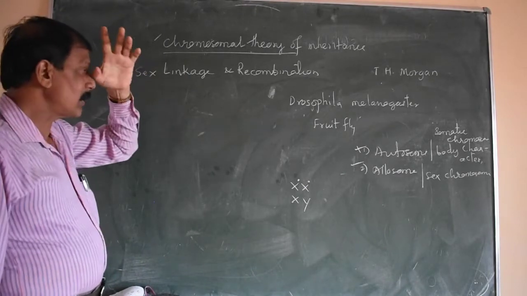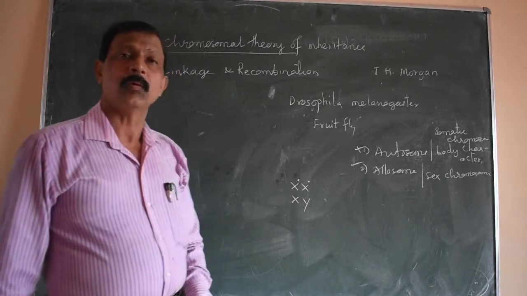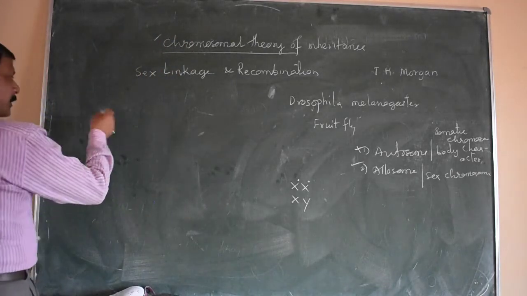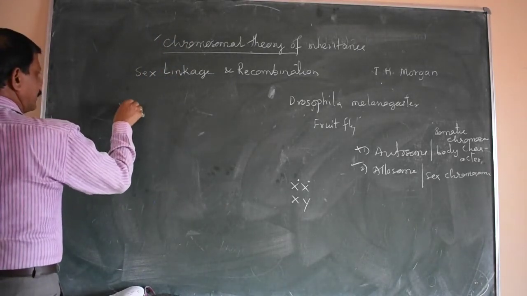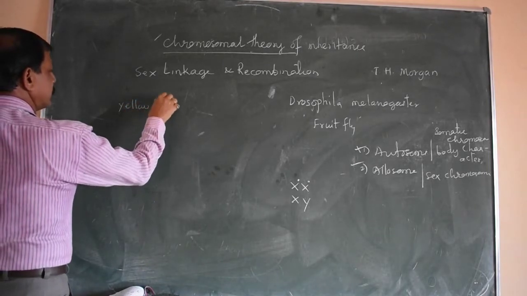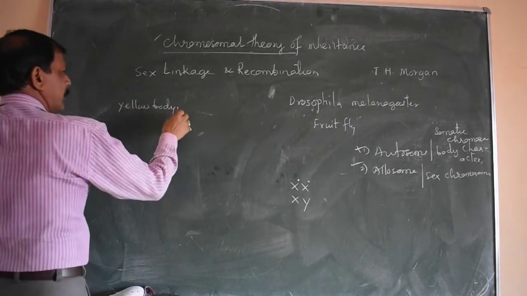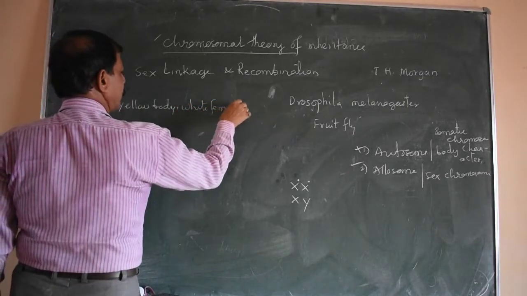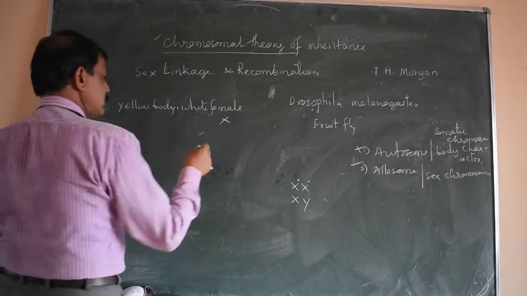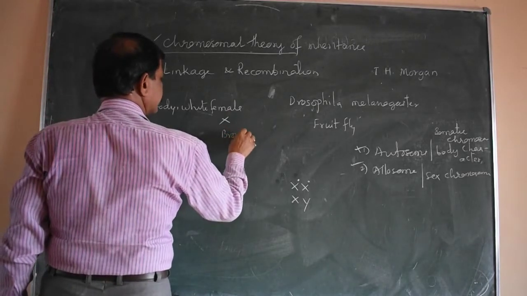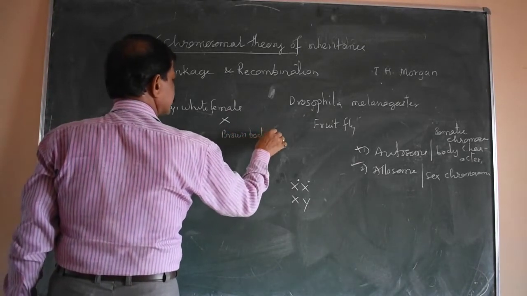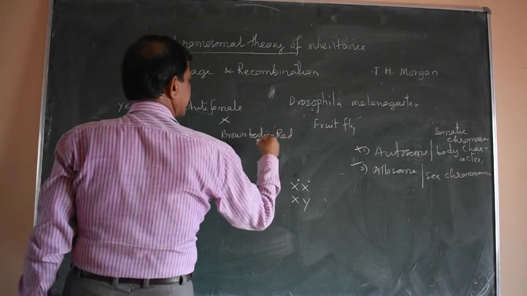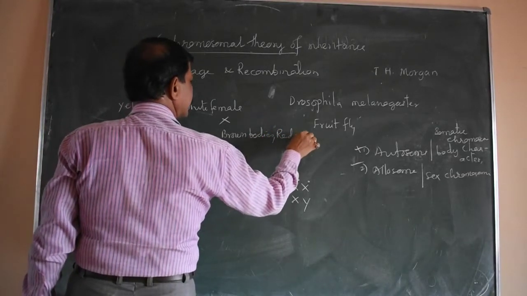In Drosophila melanogaster, what he observed was this: a yellow-bodied, white-eyed female is crossed with a brown-bodied, red-eyed male.